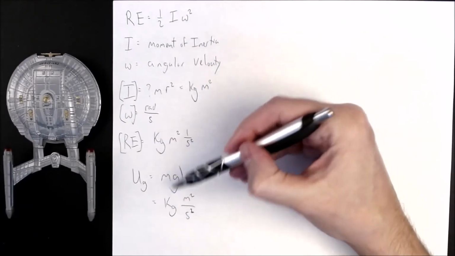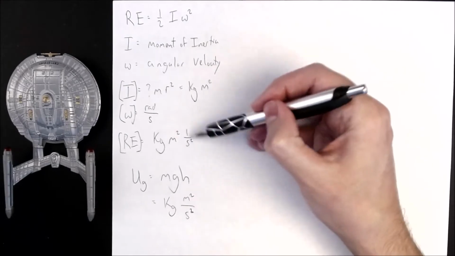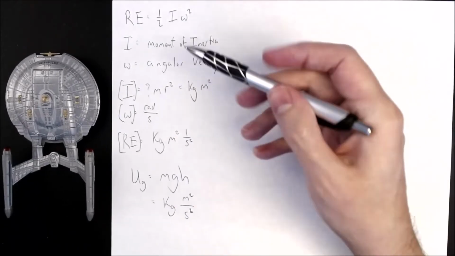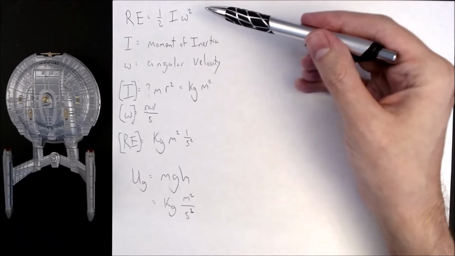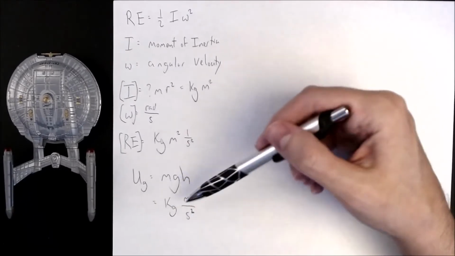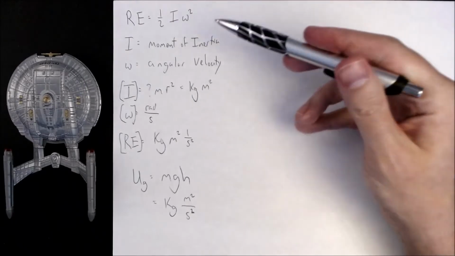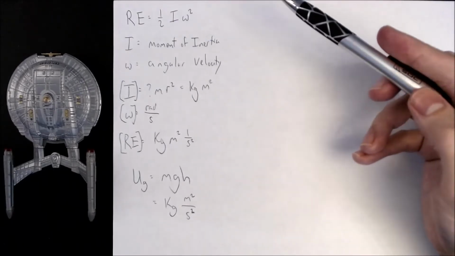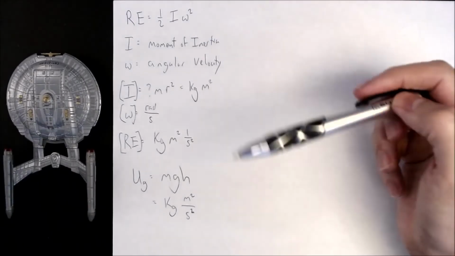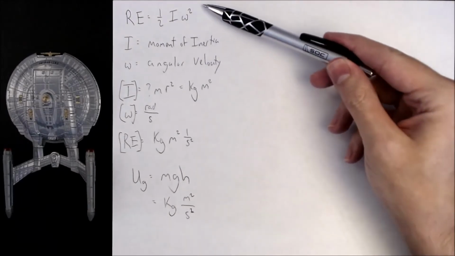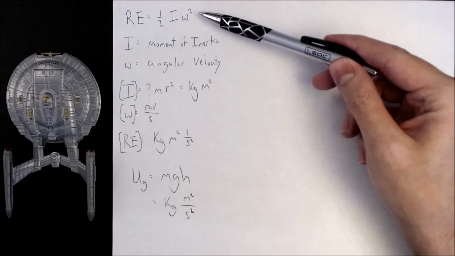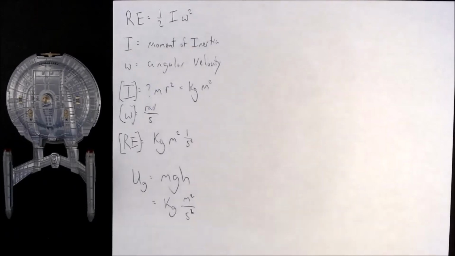Let's see, kilograms, meters squared per second squared. Yeah, look, the units of rotational energy are actually energy, same as the units of any other kind of energy. So this works. We have shown that the units of this thing are actually energy, and this is going to be how we calculate the rotational energy of an object.